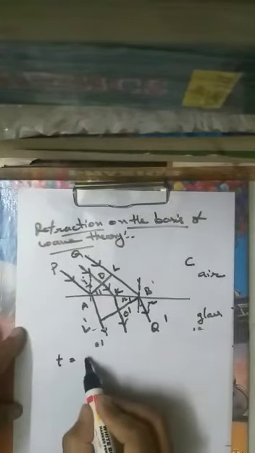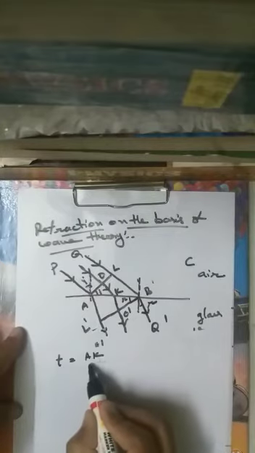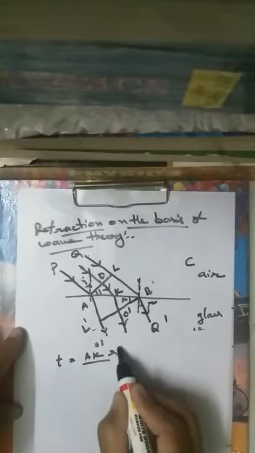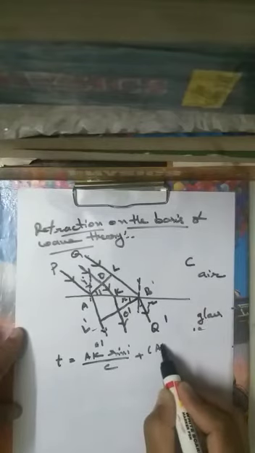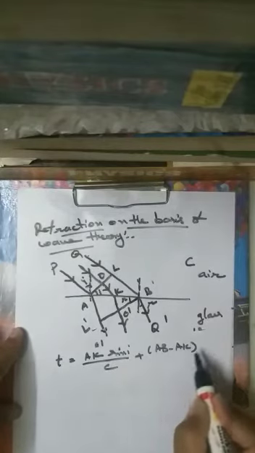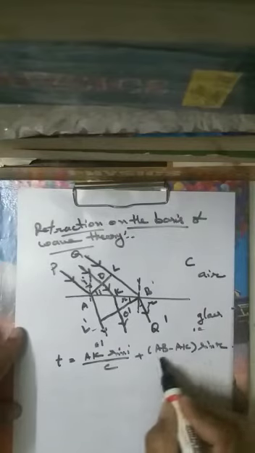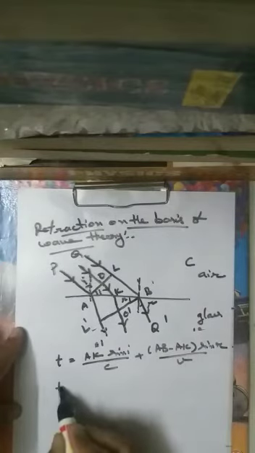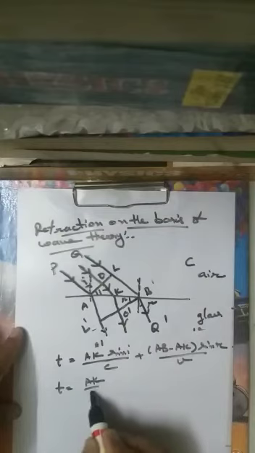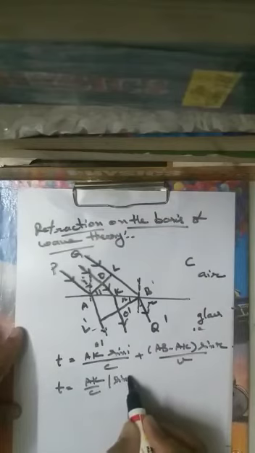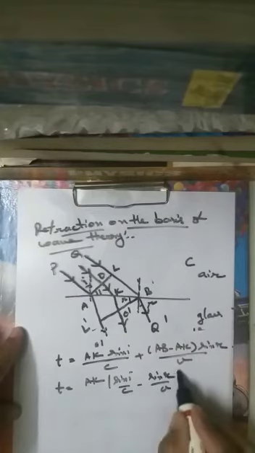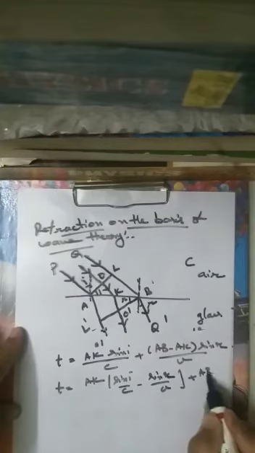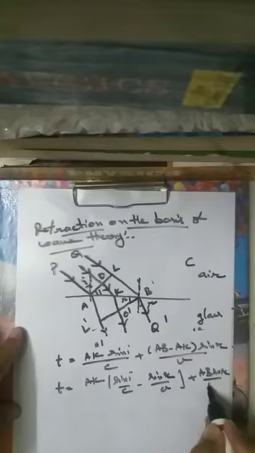is equal to AK sin I upon c plus (AB minus AK) sin R upon v. Taking AK common, AK (sin I upon c minus sin R upon v) plus AB sin R upon v.